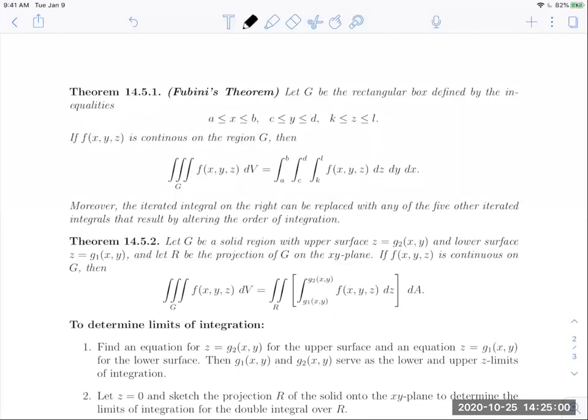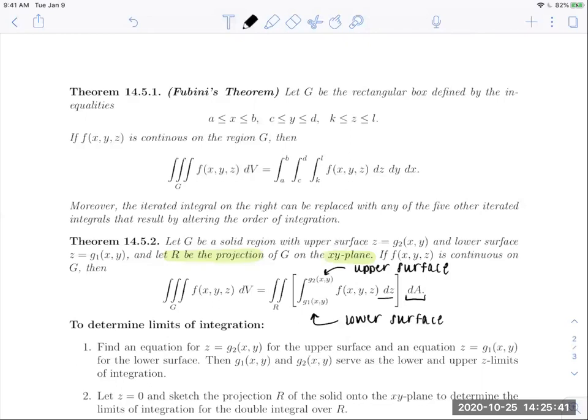So as long as your function f is continuous on G, then the triple integral over G of f dV can be written as the double integral over R, again, where R is the projection onto the xy plane, of your integral in the middle that says you have your upper surface on top and you have your lower surface on bottom. This is with respect to z. And then finally, you have your dA out back.